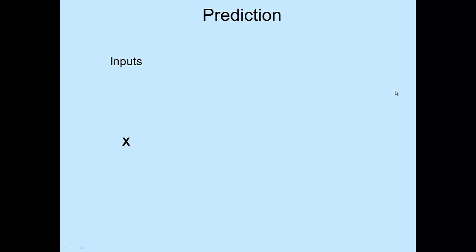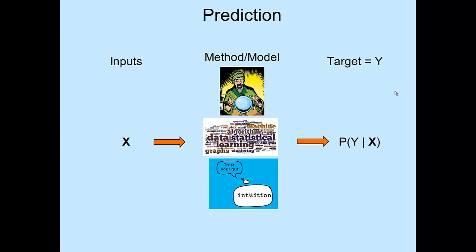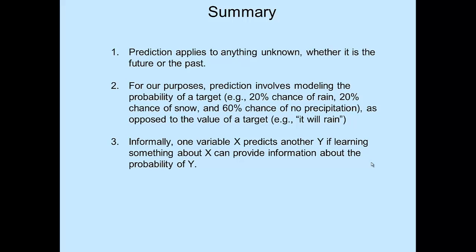So in general, prediction involves starting with some information about an input, let's call it X, and then using some method or some model, be it consulting a crystal ball, or using data mining or statistical algorithms, or even trusting your gut, to come out with a probability distribution for a target Y given any value you might observe among the inputs X. So to summarize, prediction applies to anything that's unknown, whether it's in the future or the past, and for our purposes, prediction involves modeling the probability of a target and not the value.